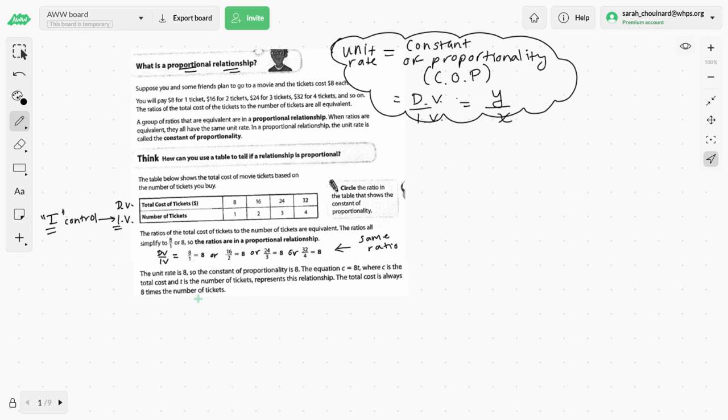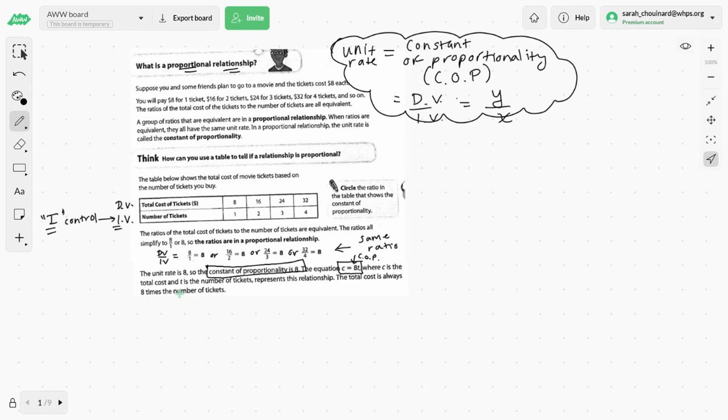And so 8 is the constant of proportionality. And we can actually write an equation that the cost is equal to 8 times the number of tickets you buy. And notice right there, 8 is the COP. So if something is proportional, the constant of proportionality goes right next to the variable in the equation.